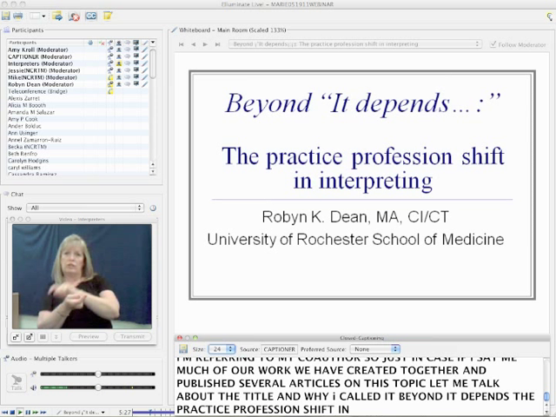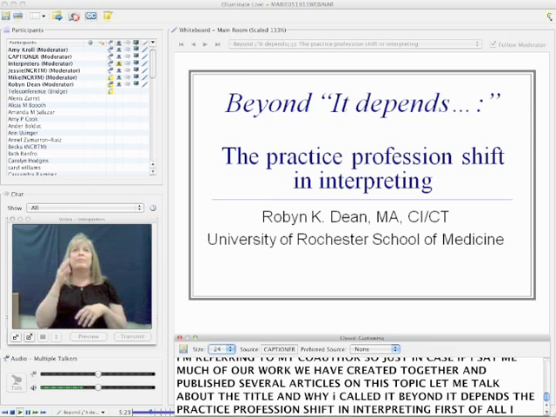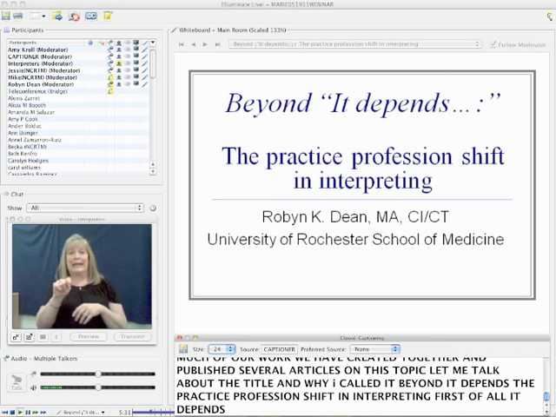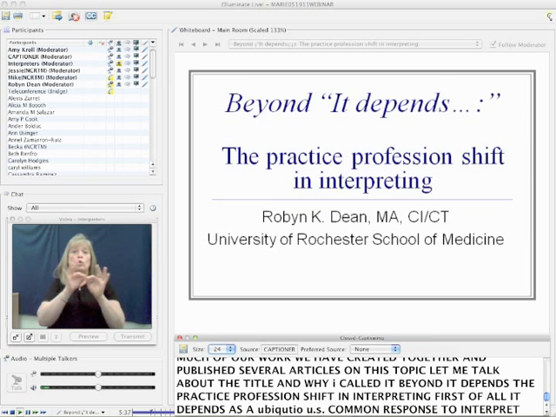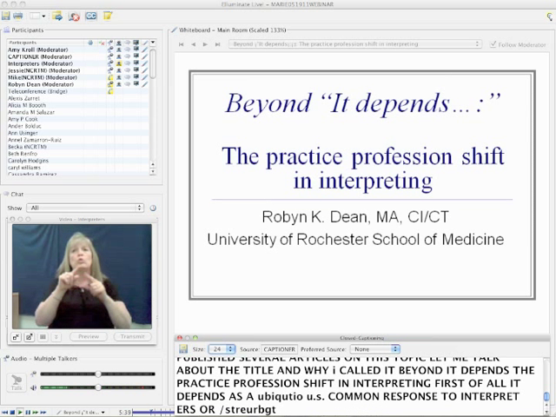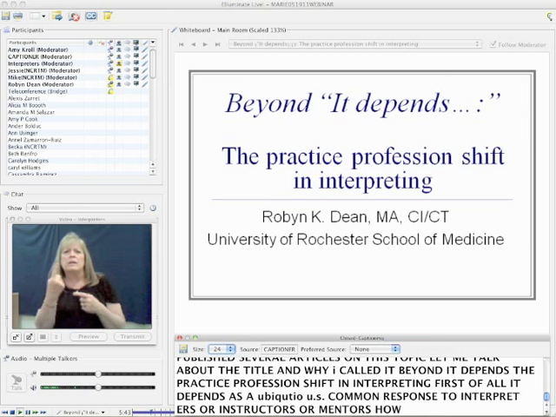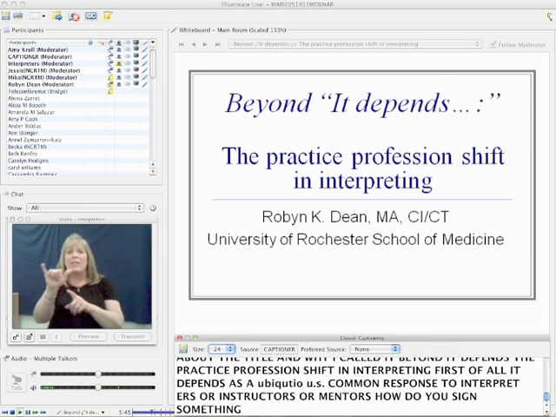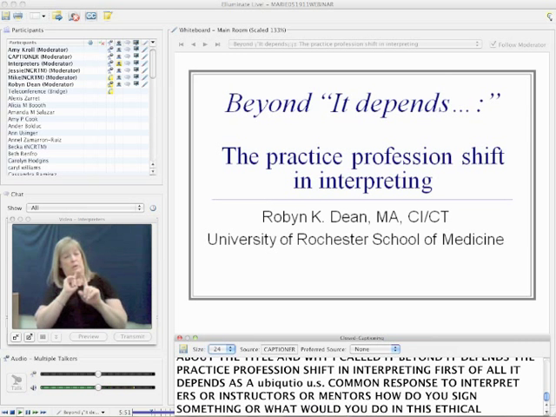First of all, "it depends" is a ubiquitous, common response to questions that are often posed to interpreters or to interpreter instructors or mentors around the idea of how do you sign something, or what would you do in this ethical situation? And the common "it depends" response reveals many things about our profession, and it happens wherever I go.